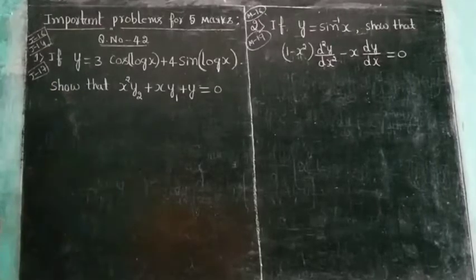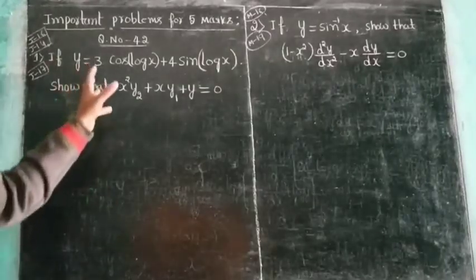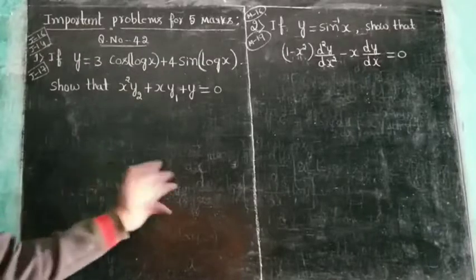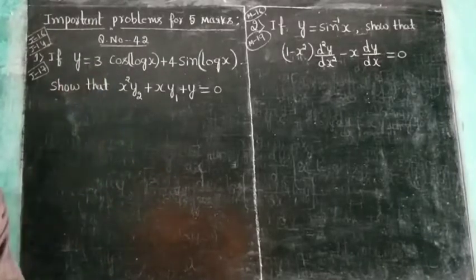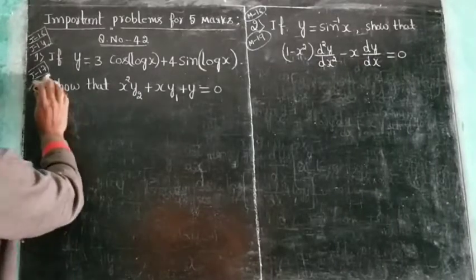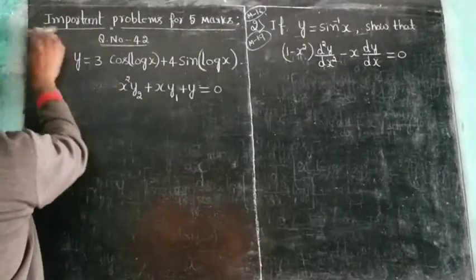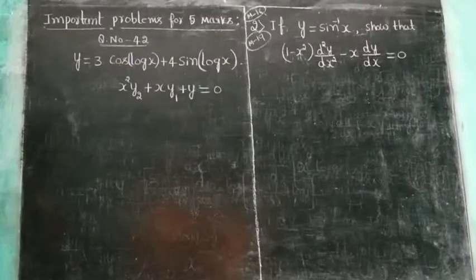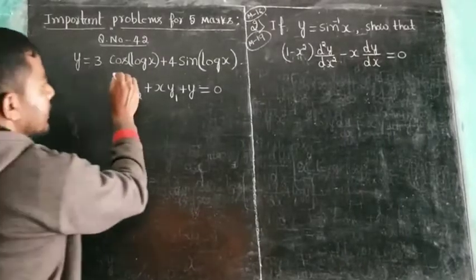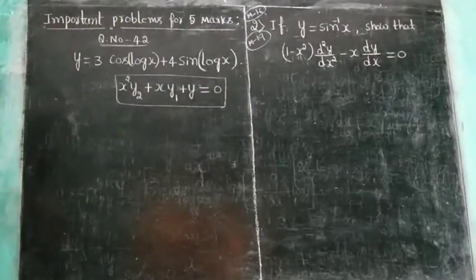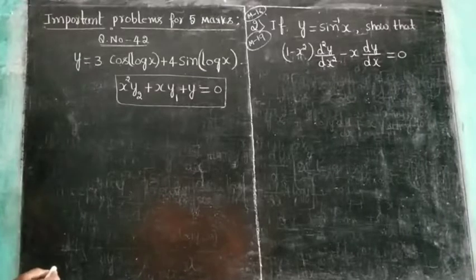Type 3 is consider LHS as one value and RHS as another value; these two are equal, hence proved. But this one is different. Let us first take the given result, y is equal to 3 cos log x plus 4 sin log x. We want the final result x square y2 plus x y1 plus y is equal to 0.